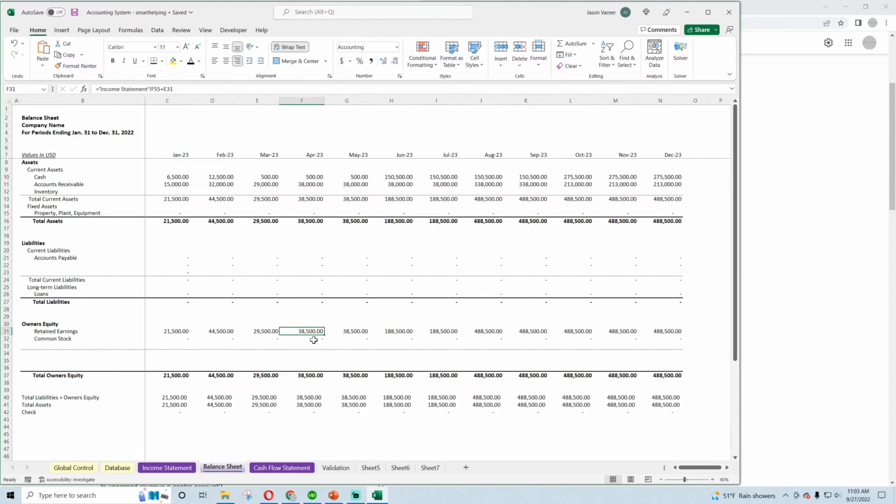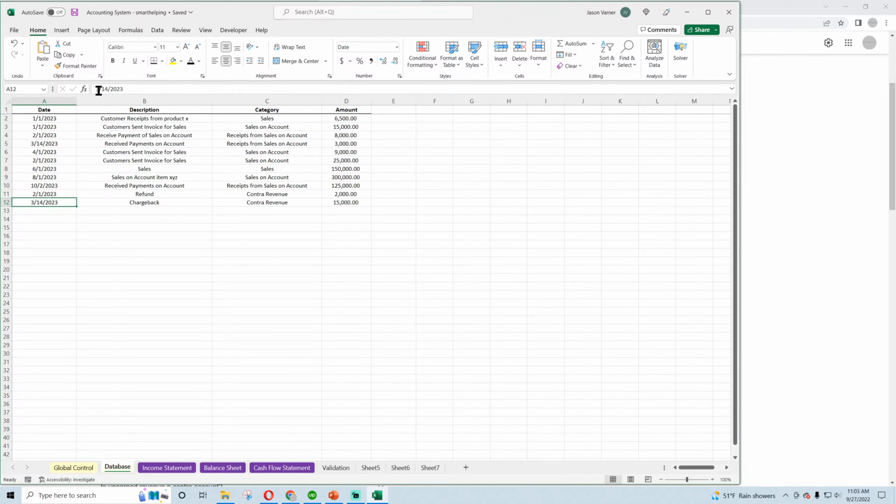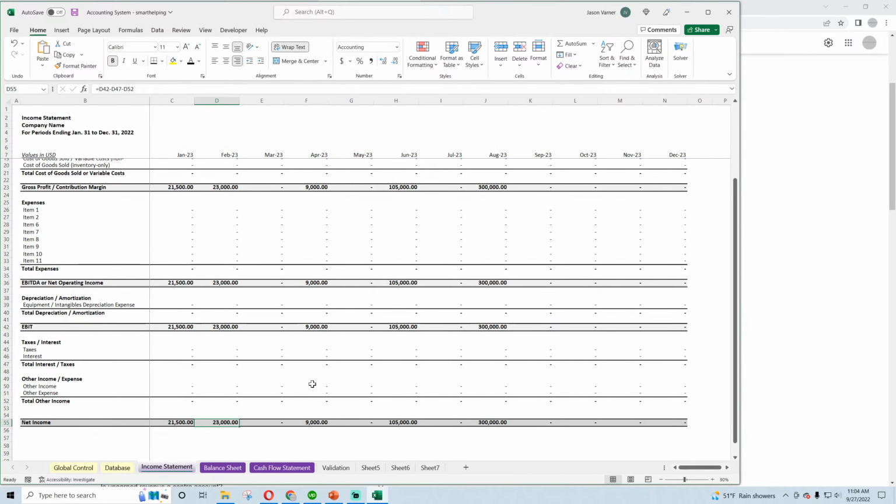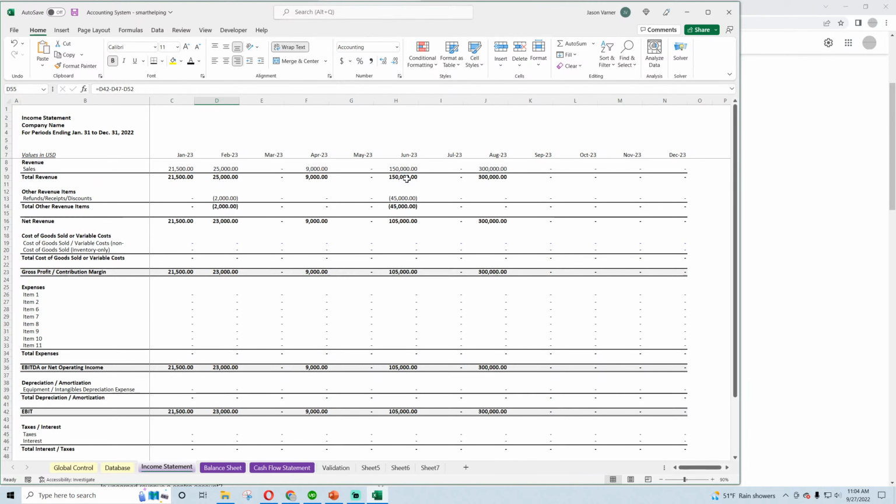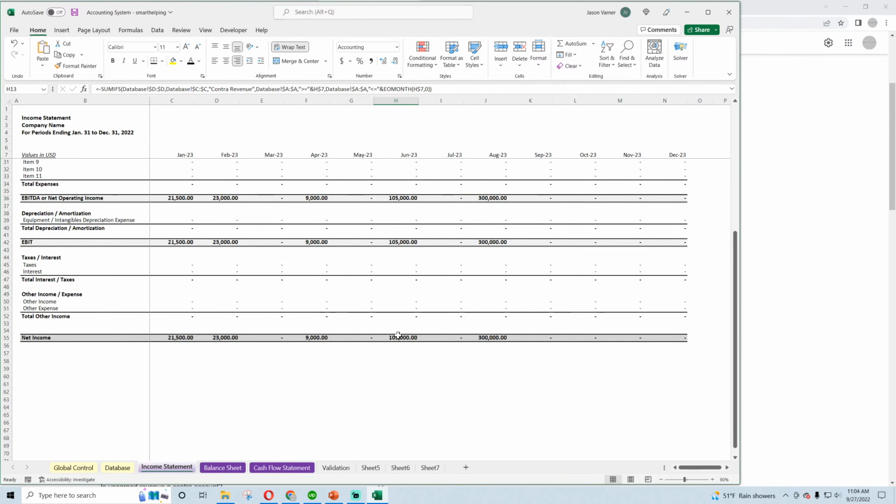So let's look here. Let's say in June we had $150,000 in sales, but what if we also had a bunch of returns? Let's say $45,000 of returns. Well, now you can look here. So June, those were our sales, returns comes back.